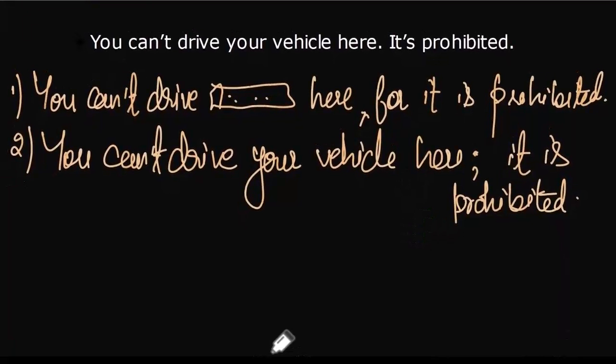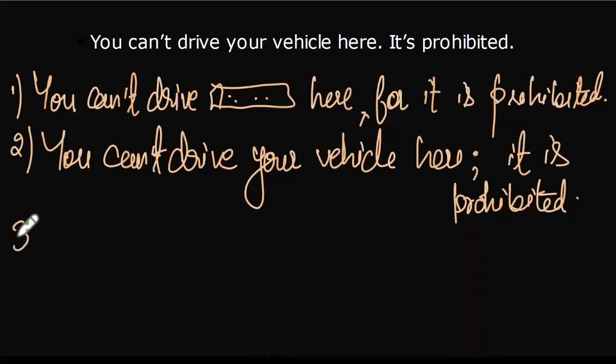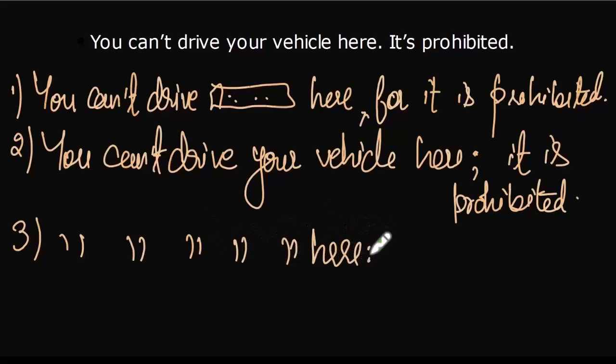The third way of forming a compound sentence is to use a colon. So I can say, you cannot drive your vehicle here. And why can't I do it? It is prohibited.